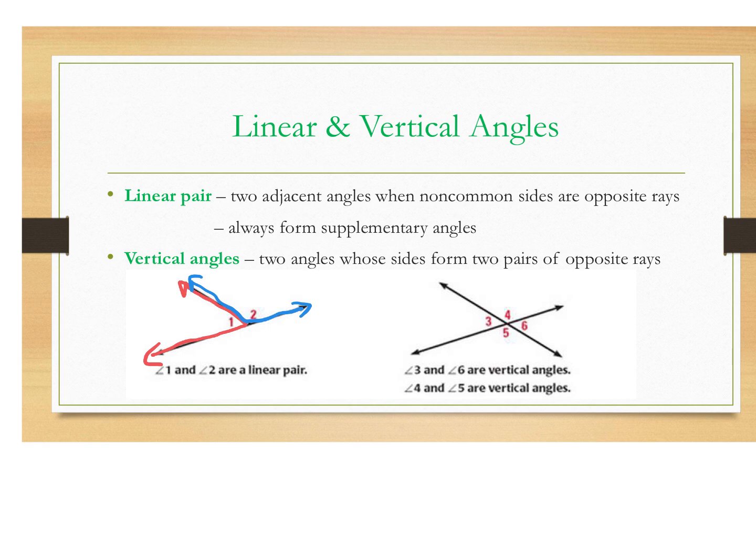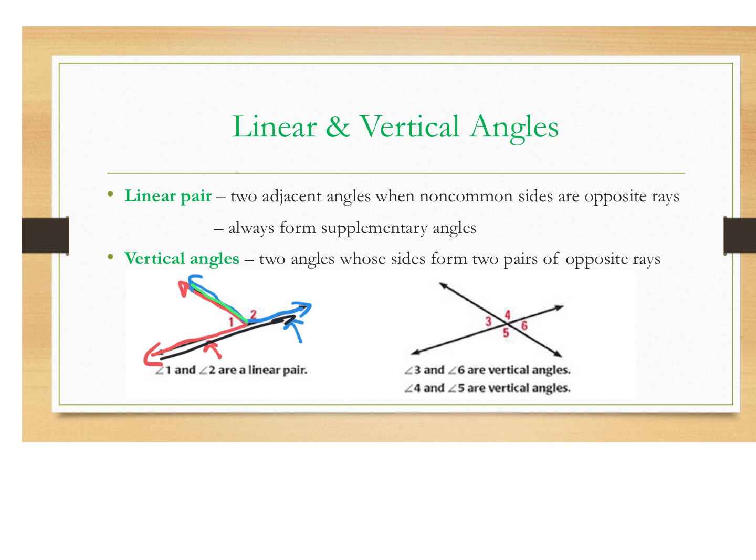So notice the non-common sides, this would be the red one and the blue one. The common one is where it's both red and blue. So the non-common sides, notice, are forming opposite rays. They're both pointing in opposite directions.